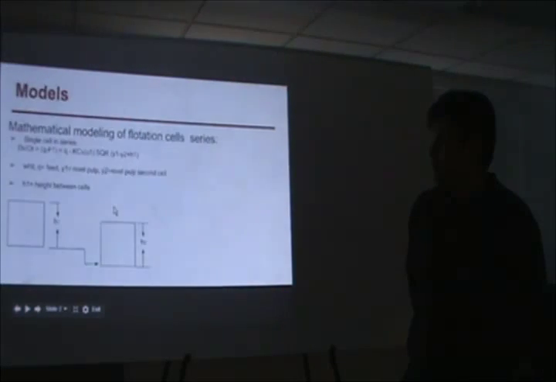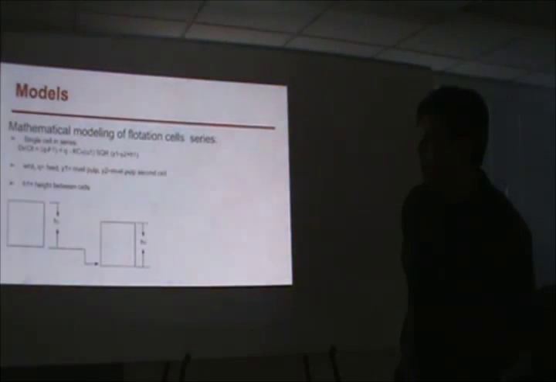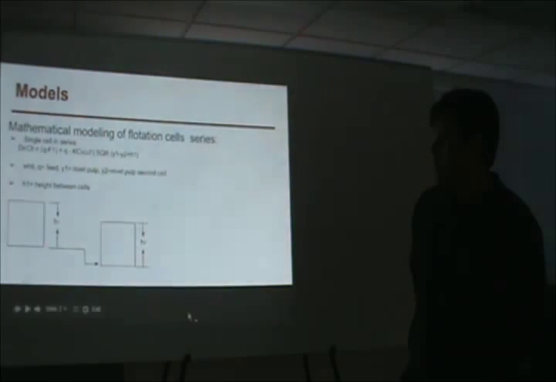For example. Okay. My mathematical model of a flotation cell series, single cells in series: dh/dt equals Q in minus Q out.